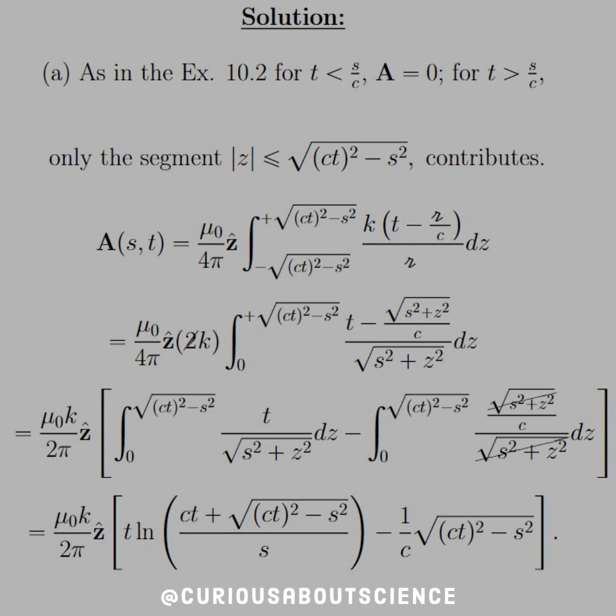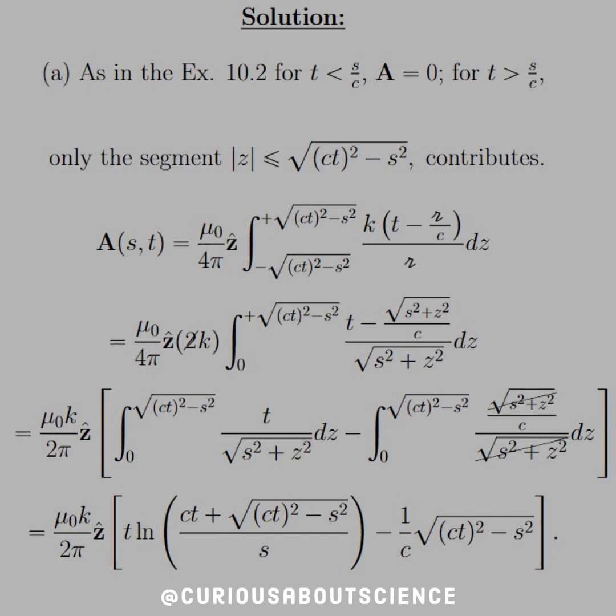Okay, now we're able to push our way through this thing. K is a constant, so we bring it out front. We notice that we have a symmetrical setup here, so instead of going from negative square root to positive square root, we're just going to go from 0 to positive and put a 2 out front. And that 2 will condense down with the 4 from the 4 pi in the denominator.